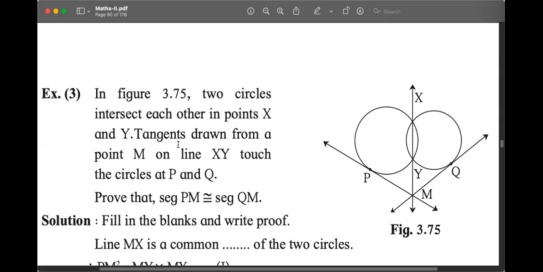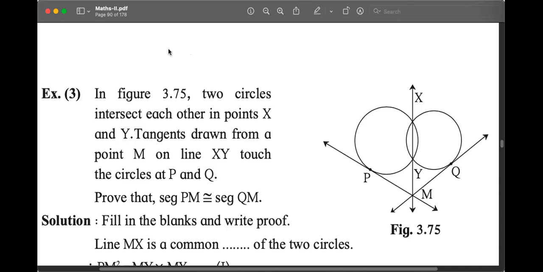If I ask you, with respect to the circles, this line, which is vertical and is passing through these points X, Y, and M, what will this line be called? This is a special line. Is it a diameter? Is it a radius? Is it a chord? Is it a tangent? What is it?